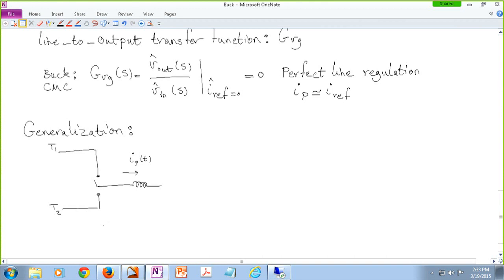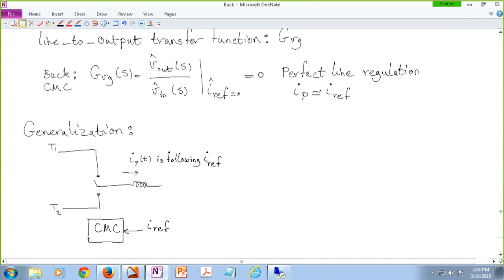And let's say I have a current. Okay. So using the logic that we are familiar with now, for instance, you are doing peak current mode control, there is a reference available to you, for instance, 2 amps or 5 amps or whatever, and we are switching on and off in a sense that IP is following IREF.